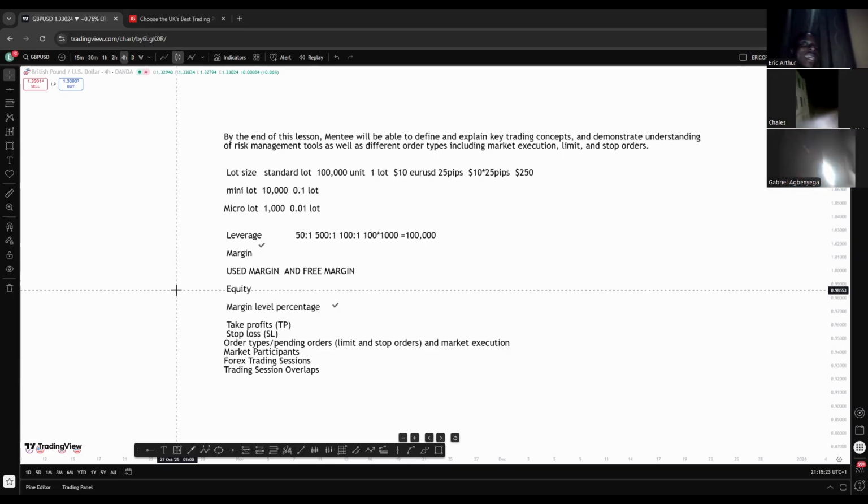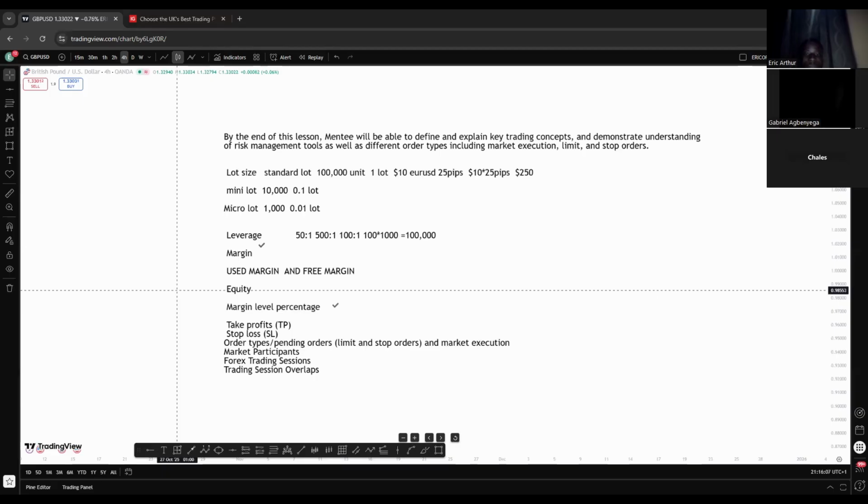That's what the demo is there for. So the equity is the balance in your account, and then the floating profit or loss when you enter a trade.